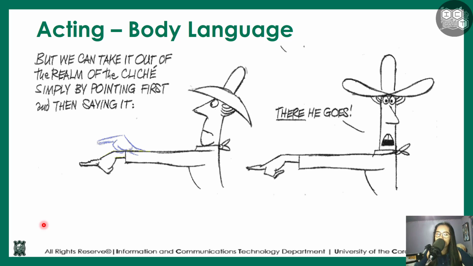And when it comes to body language, your gestures are something that you can utilize together with your dialogue. Ang common mistake natin dito is that you would do it at the same time. So in this example, one thing that you can do in a less impactful way is for you to point and at the same time state what the character has to say.